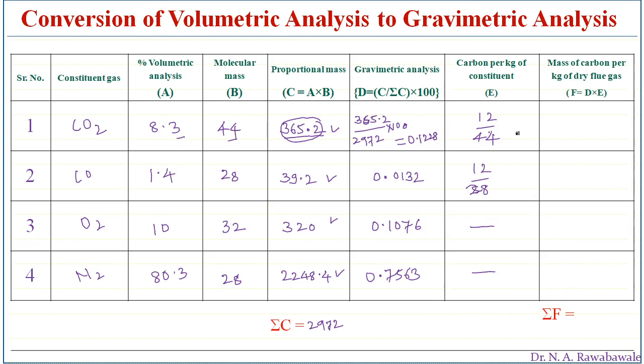So again, mass of carbon per kg of dry flue gases. If we multiply 12 by 44 with 0.1228, we get the mass of carbon per kg of dry flue gases.